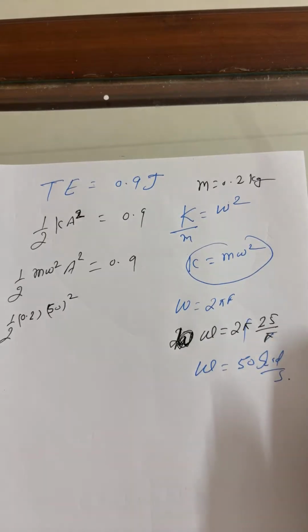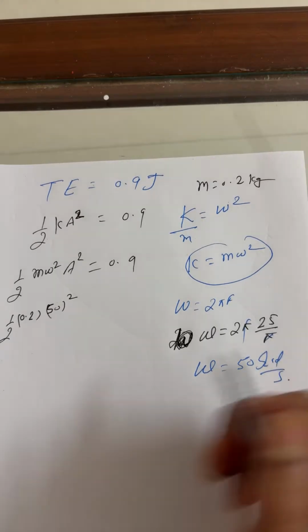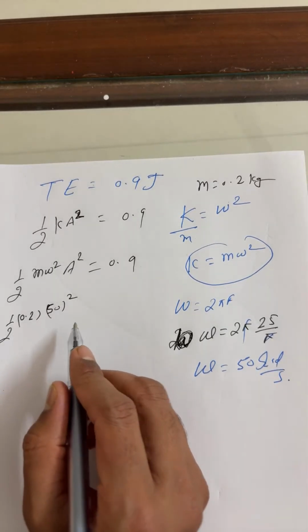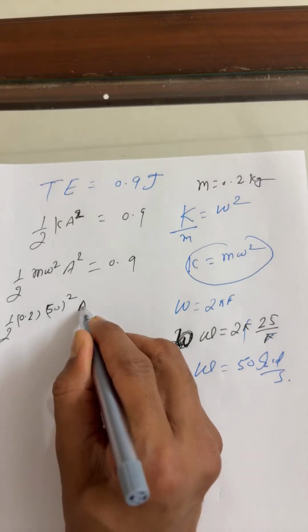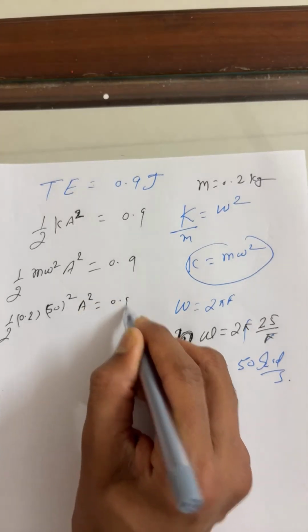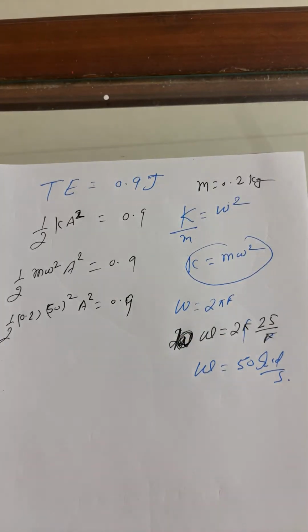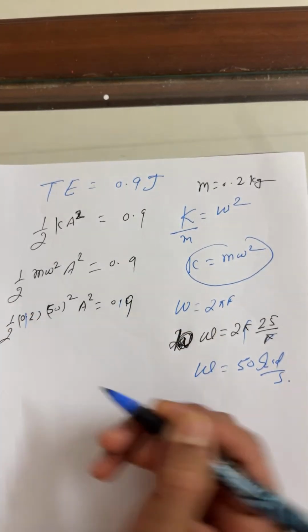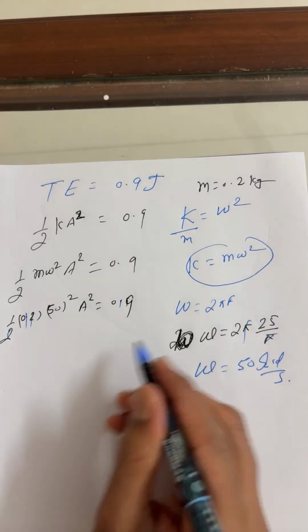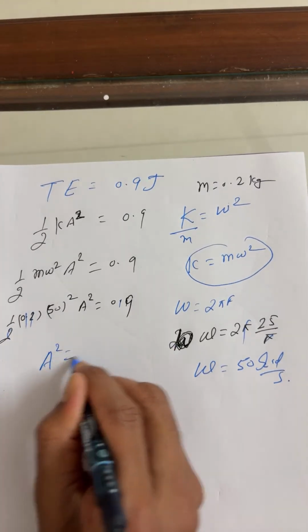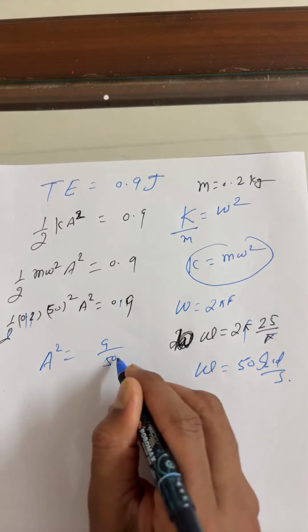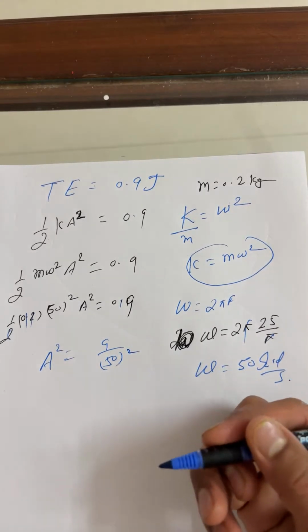Then half m omega square A square equals 0.9. The decimal finishes here, the 2 and 2 cancel. So A square you can write as 9 upon 50 whole square.